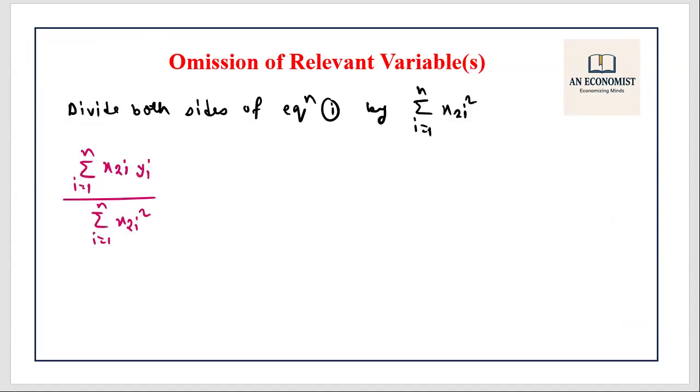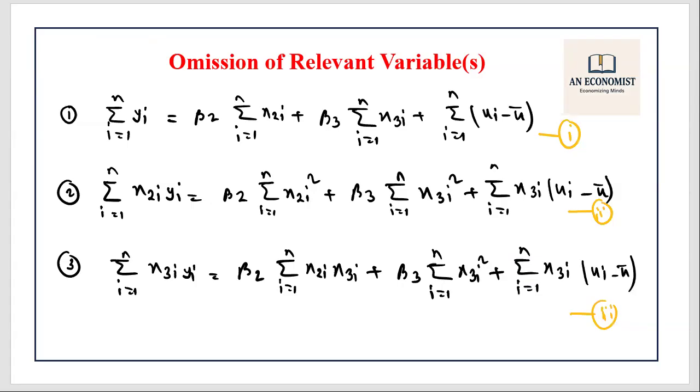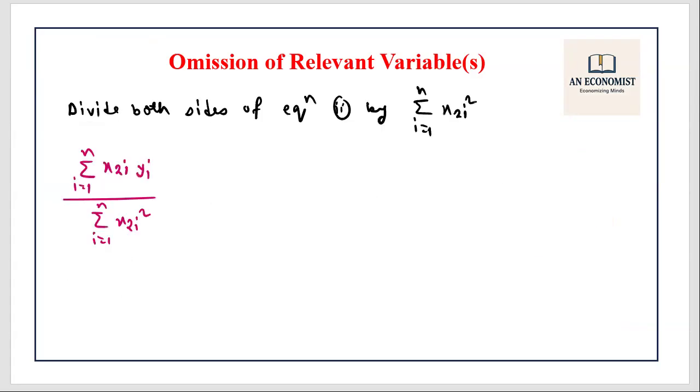Sorry, this is the second equation, right? Yes, this is the second equation. Pardon me for that. So this equation, we are dividing both sides by this summation x2i square.